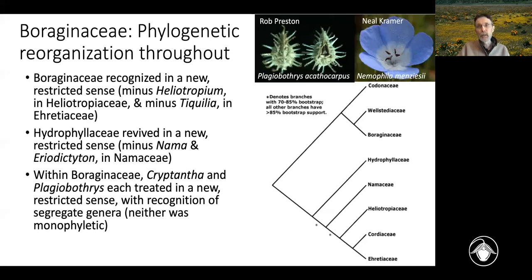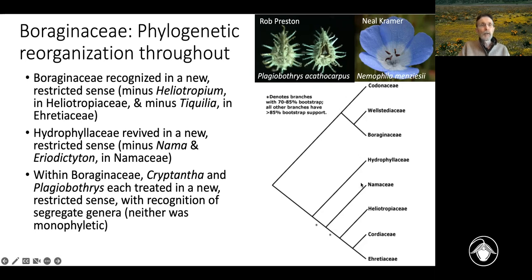But more recently, there's been a lot of data acquired on relationships among Boraginales, and a new taxonomy has recently been instituted in the Jepson E-flora, resurrecting Hydrophyllaceae with a different circumscription, removing Nama and Eriodictyon that are now in Namaceae, which is more closely related actually to some things that had been placed previously in the Boraginaceae, like Heliotropium and Tiquilia in the Heliotropiaceae now, than to Hydrophyllaceae.